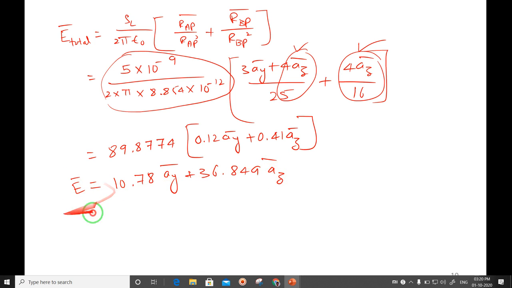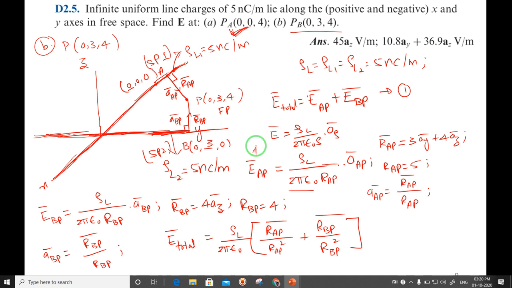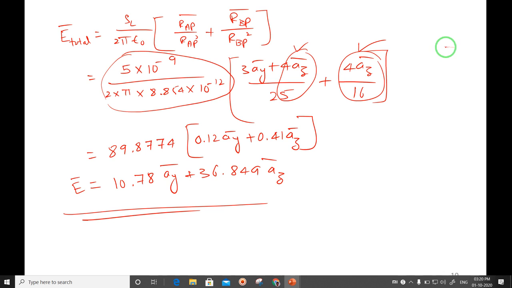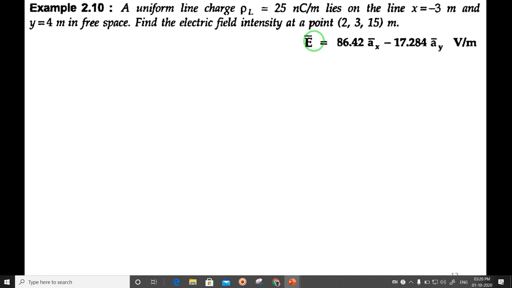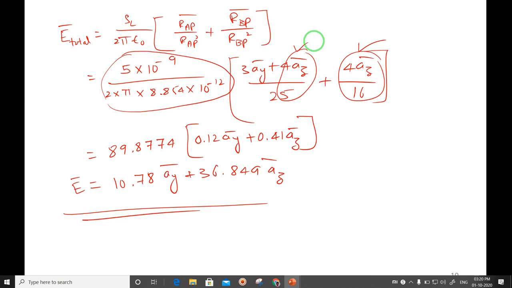This is E, total E: 10.78 a_y and 36.84 a_z. Almost correct, right? a_y and a_z. Yeah, I am leaving part A for you people. I should get 45 a_z. Okay, I'll stop my lecture here. I'll stop recording also.